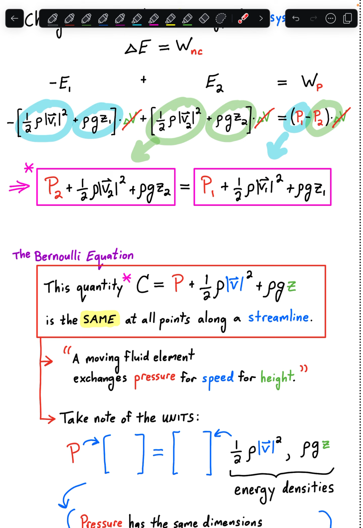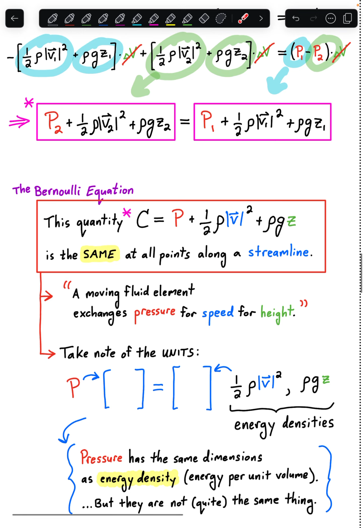Let's take note of the units involved here. Pressure, we can express in newtons per square meter, since it's force per unit area. These two terms are what we call energy densities, which just look like energy, like 1/2 mv squared would be joules of energy, but this is mass over volume, so that makes this joules per cubic meter, energy over volume.